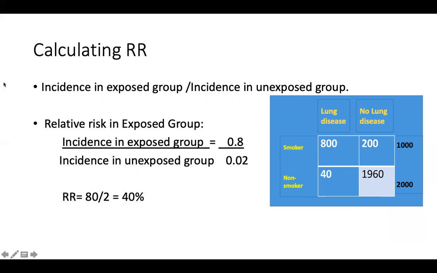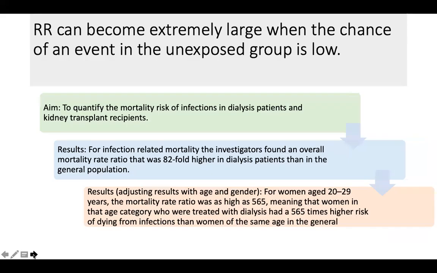It means that in the exposed group, there is a 40 times risk of having lung disease in comparison to the unexposed group. Relative risk can become extremely large when the chance of an event in the unexposed group is low. Here I have taken one example published by Vogel Chang et al.